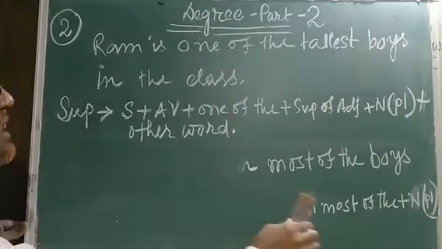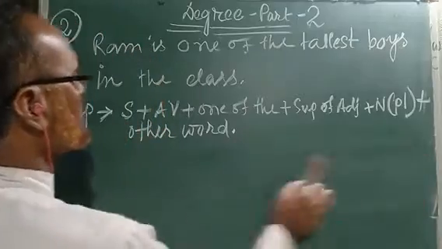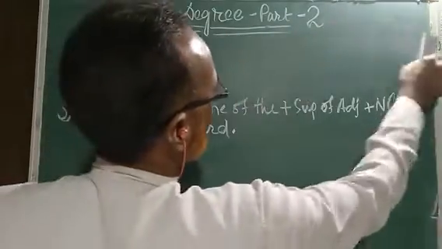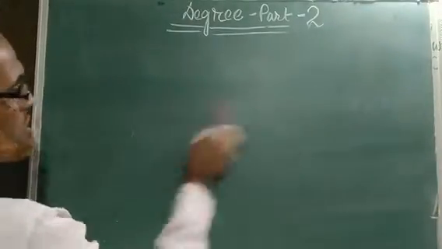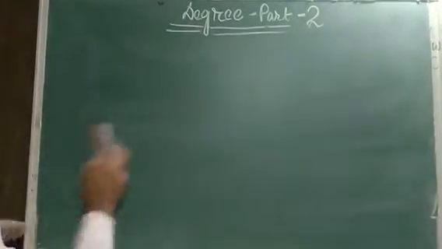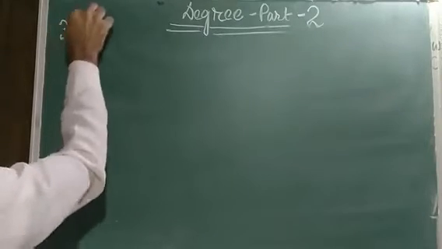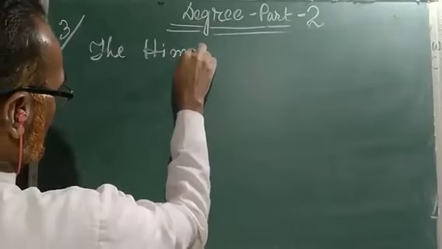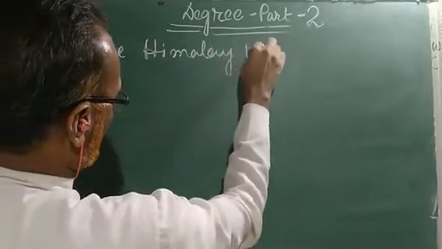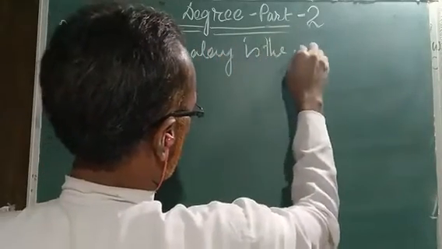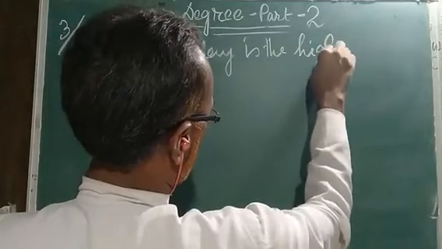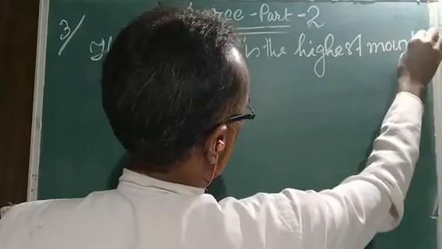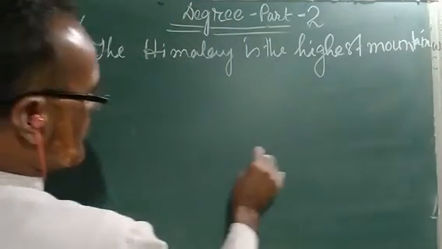Now we will discuss the third type of interchange. Let a sentence be written here as: The Himalaya is the highest mountain in the world.